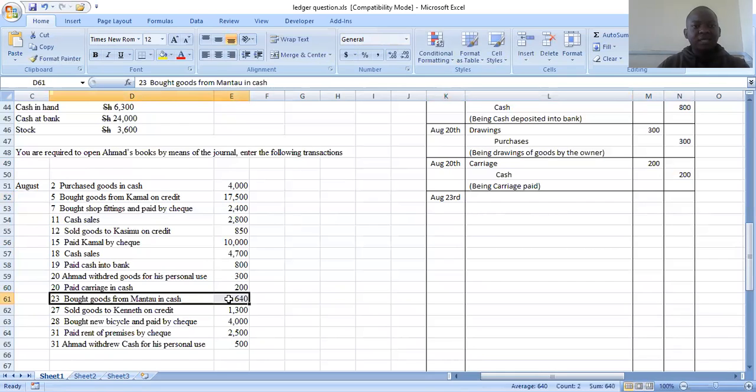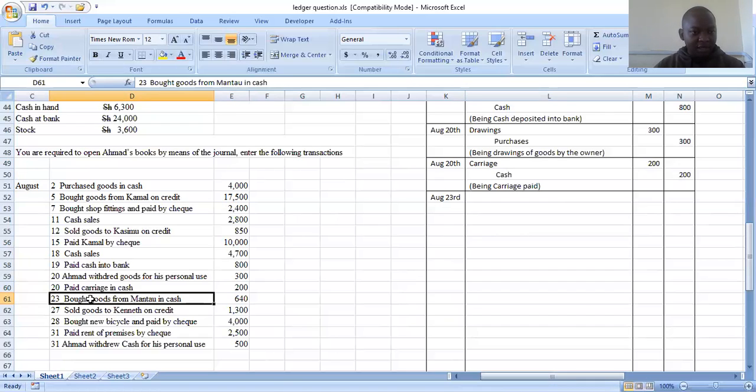Bought goods from Mantau in cash. Which two accounts? One, Mantau, and the other account is cash. Mantau is a creditor, a liability. Sorry, the two accounts here are not Mantau and cash.